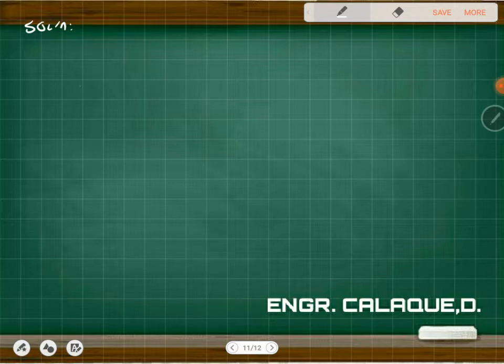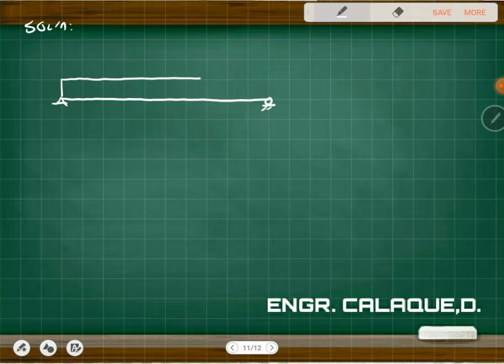So, meron tayong simple span. And then, meron tayo ditong load, no? So, meron siyang in-apply dito na load, yung Wu.